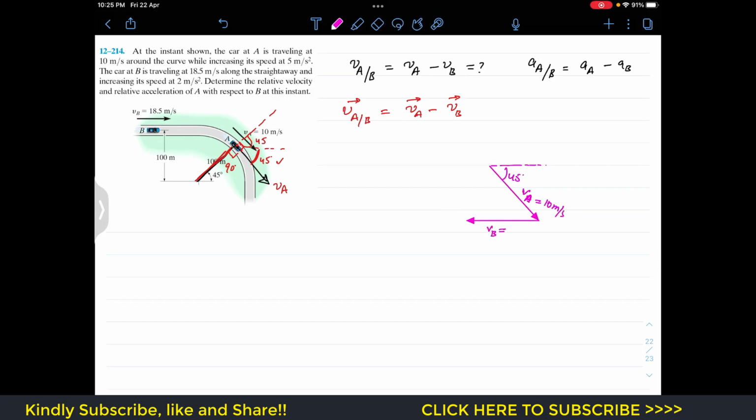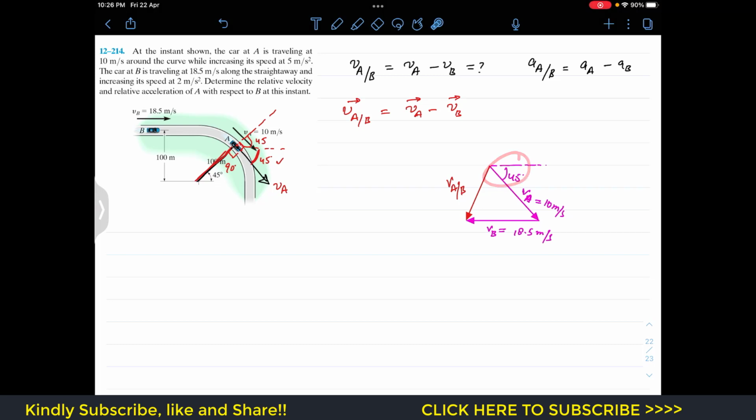This is VB, but it is in the opposite direction, so its magnitude is 18.5 meters per second. So from the tail of the first to the head of the last, this will be the relative velocity of A with respect to B.